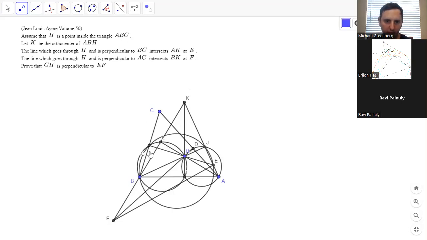I want to use that angle BGE is 90. So BGE is BJE. So if we have these two circles right here, can I use the radical axis theorem somehow?